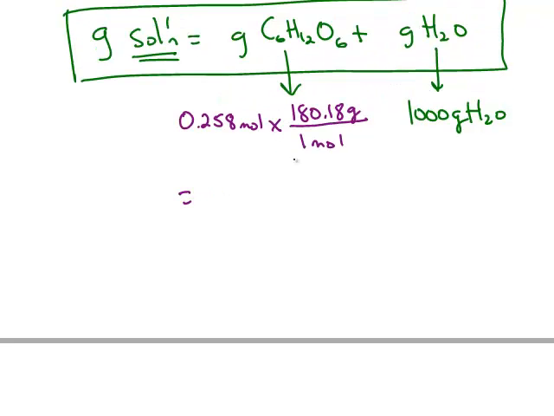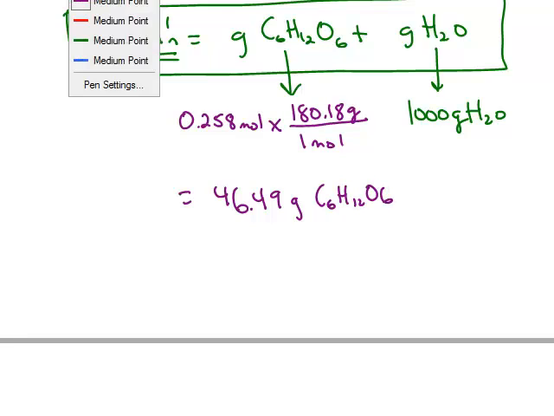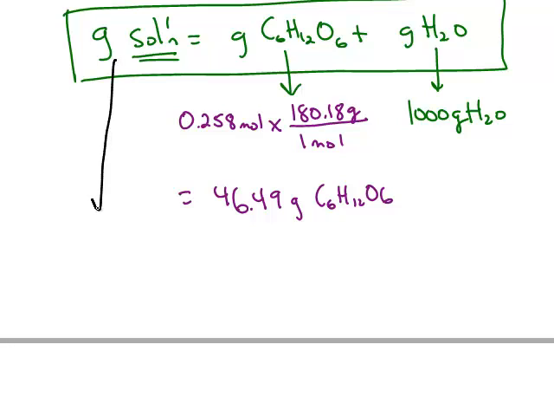So the grams of glucose is 46.49 grams of glucose. Since we know the two parts, the solution is the sum of those two, and we know we have 1046.49 grams of the solution.